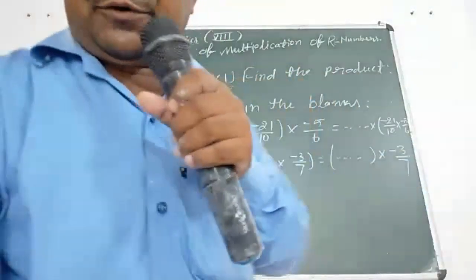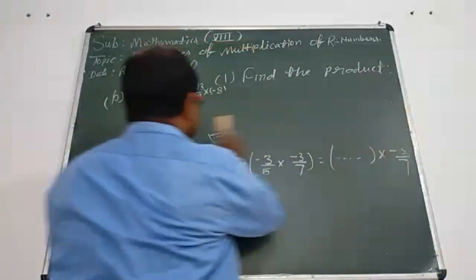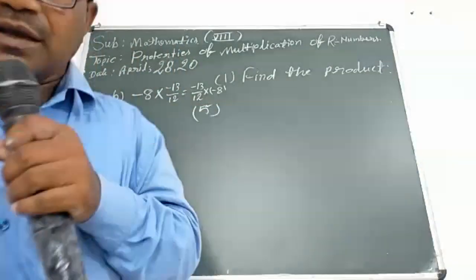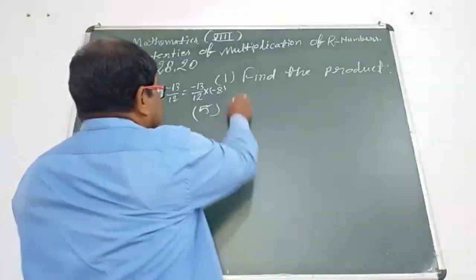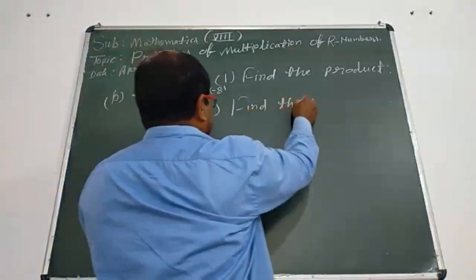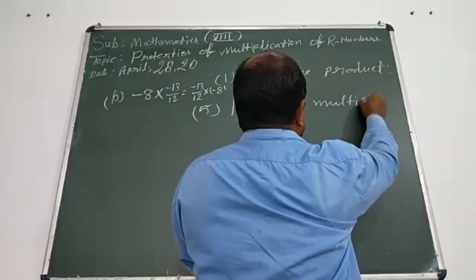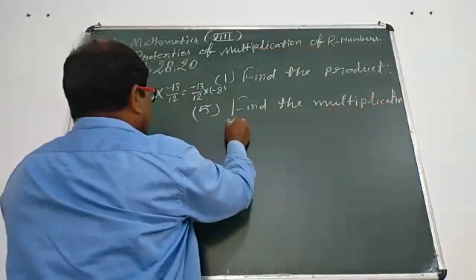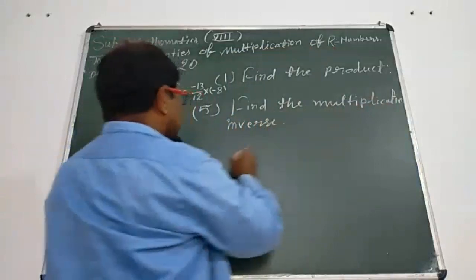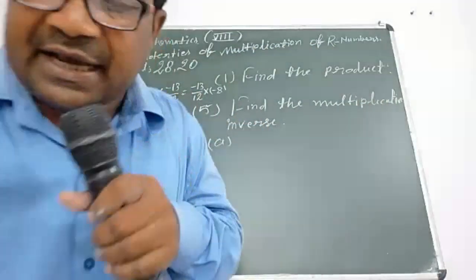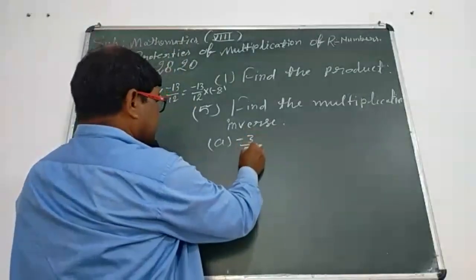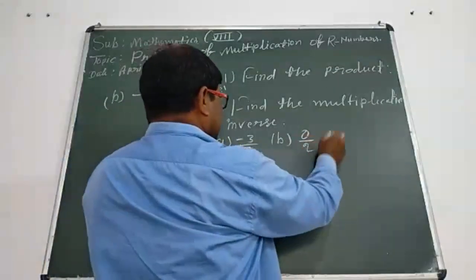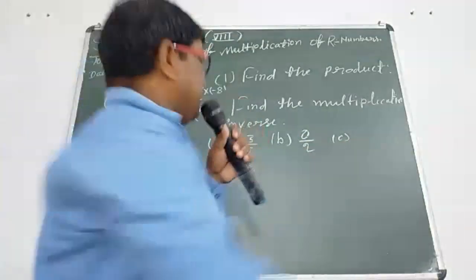Now, fifth type of question, student. Find the multiplicative inverse of minus 3 upon minus 5, zero upon 2, minus 7 upon 24.